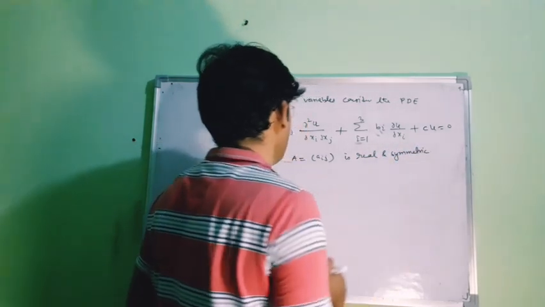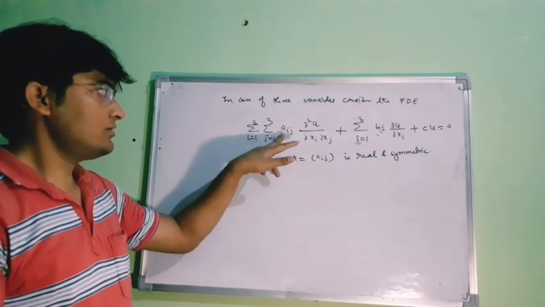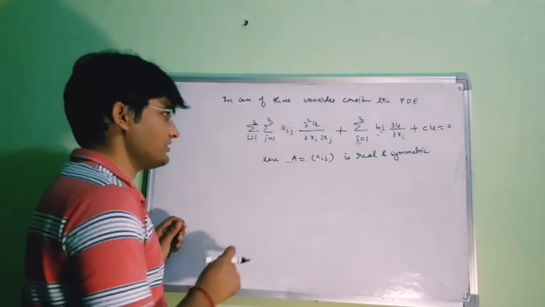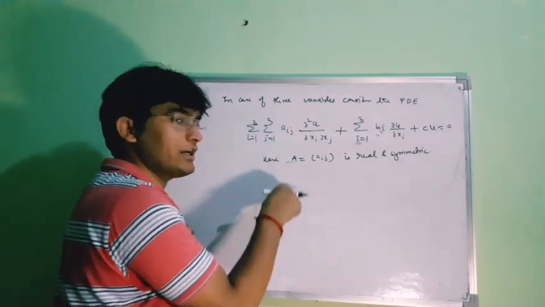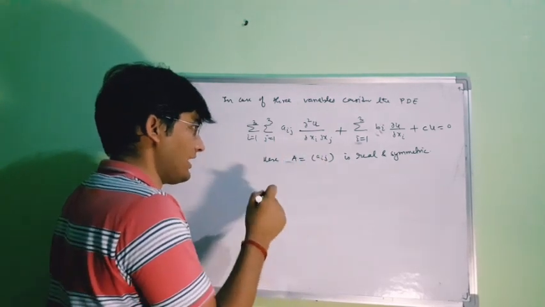Here the matrix is real and symmetric because we have just A11, A22 and A33, and A12 is the same as A21, A23 is the same as A32. So this matrix is real and symmetric.